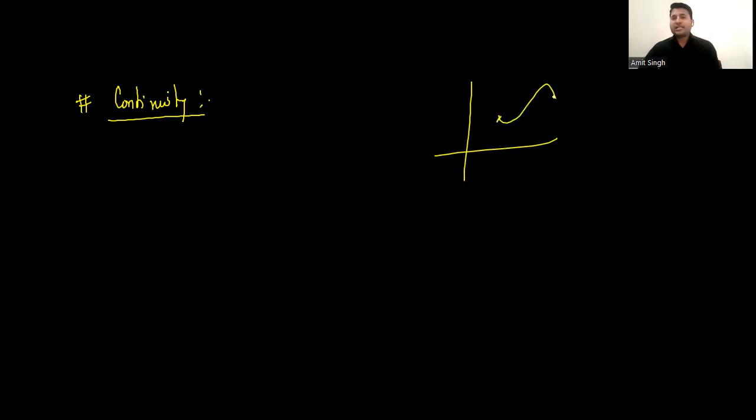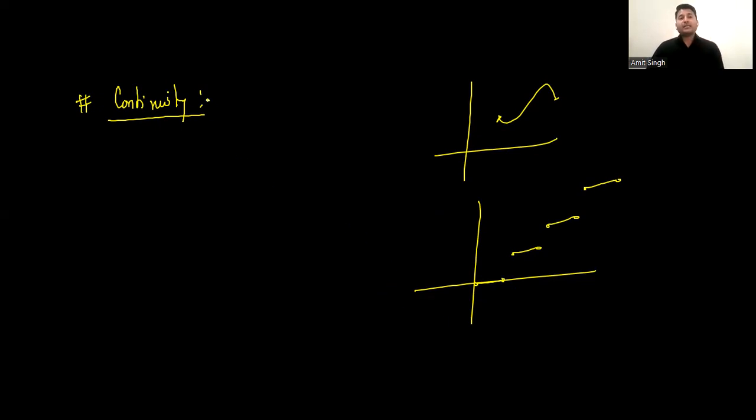The function is continuous, you can see from this point to this point. At the same time, if I have a function which looks like this, I will say it is not continuous because it is breaking at many x values. It is like the graphical way.